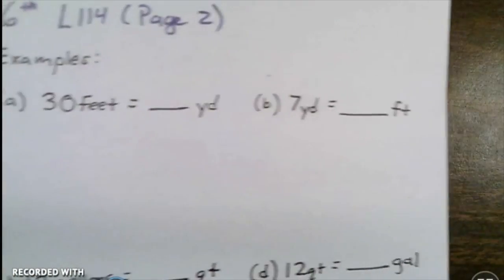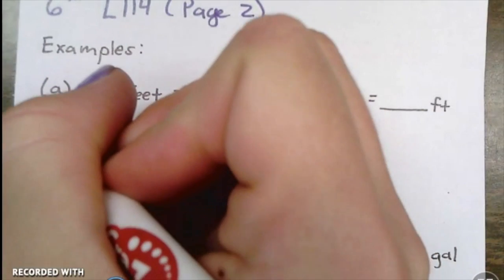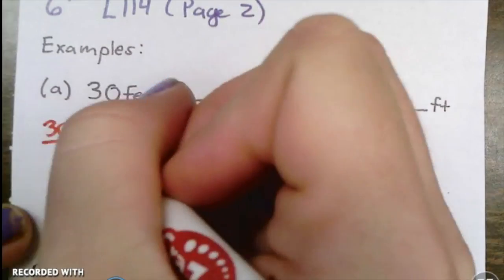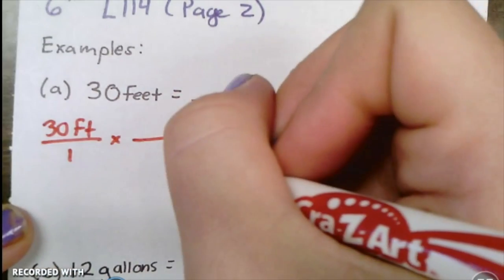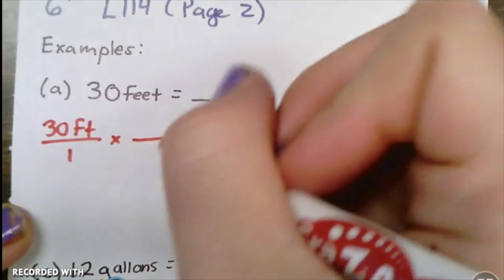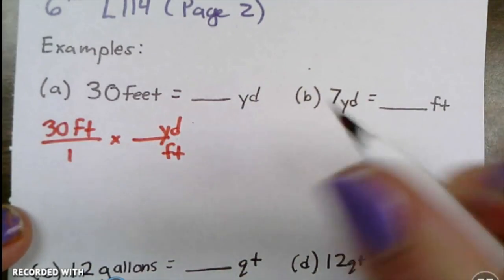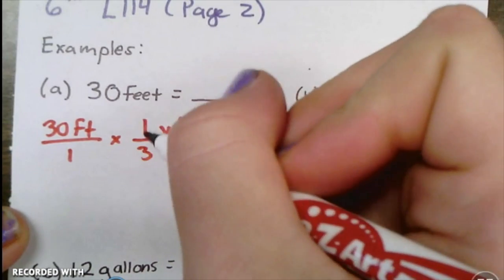Page 2, here's our practice problems. All right, what about 30 feet equals how many yards? First step, write what I know. Second step, put it over 1. Multiply by a fraction. Put the feet on the bottom so they'll cancel, and the yards on the top, because that's what I want. What's the relationship between yards and feet? There's 3 feet in 1 yard.